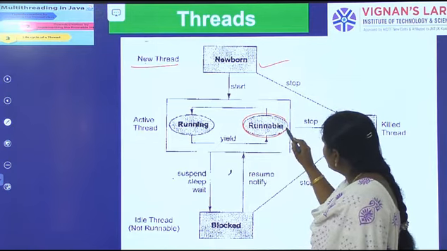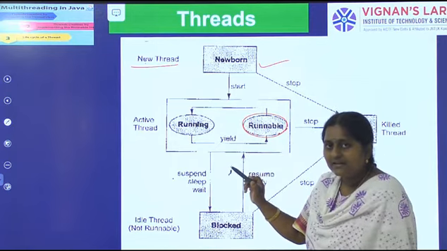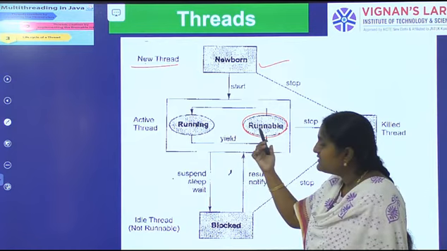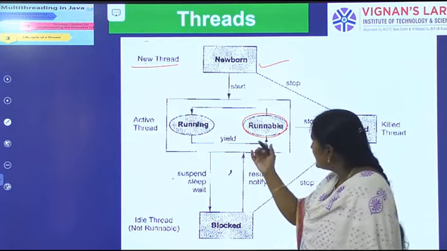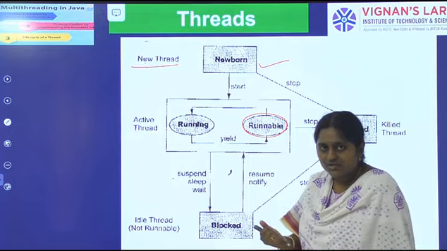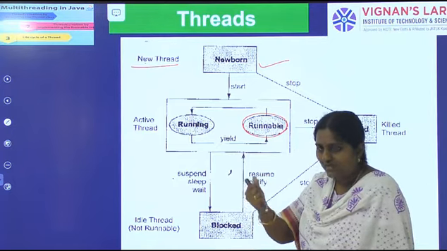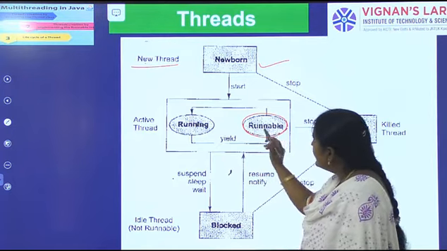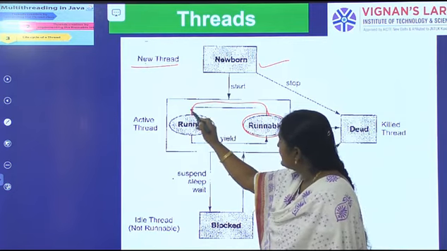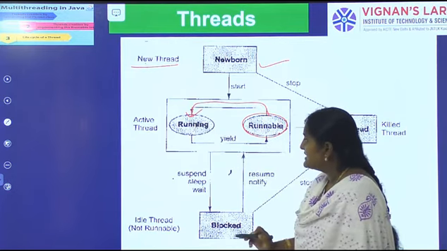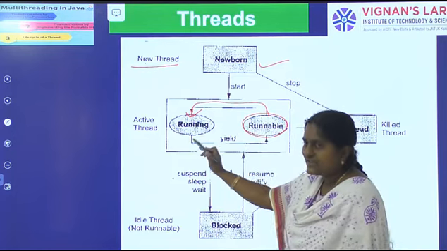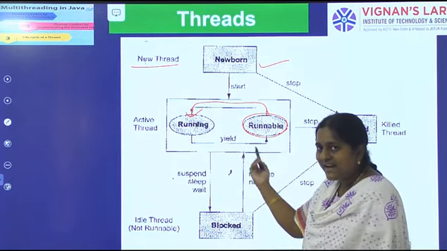In the runnable state, the thread is ready for execution and is waiting for the CPU. After the CPU is ready, it will move from the runnable state to the running state.